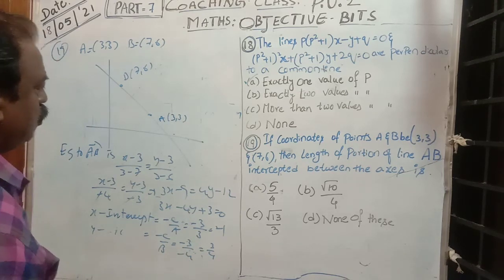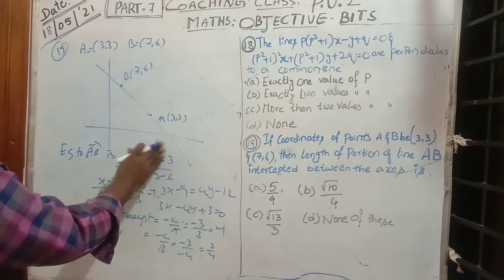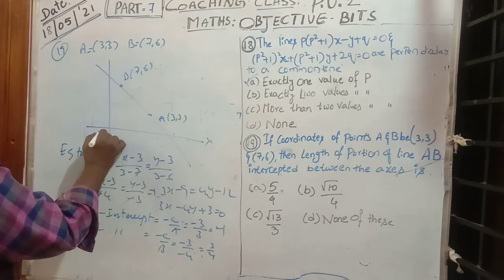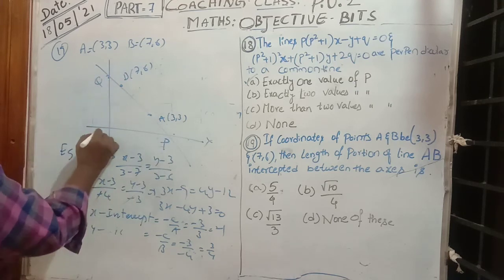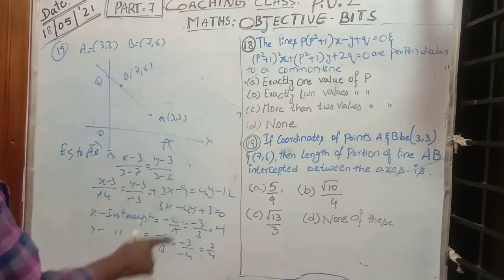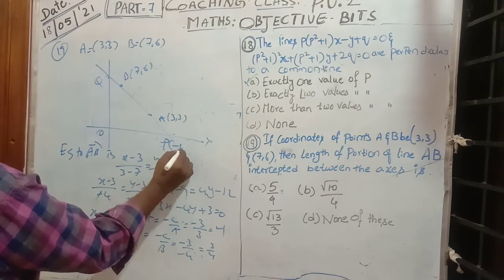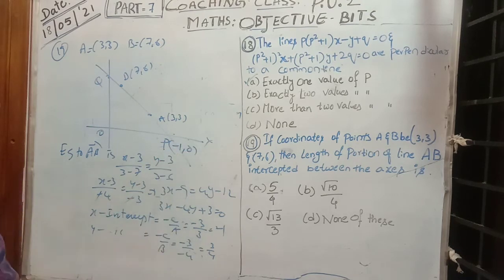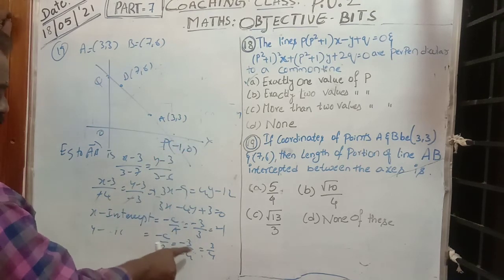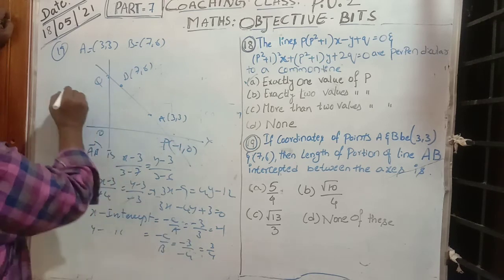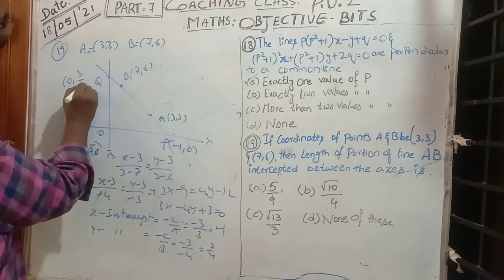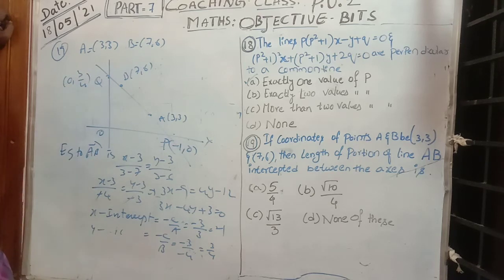Okay? So what is A? A means here on the x-axis. So it is P and it is Q. Where is it? This is the answer. The x-intercept is minus 1 comma 0. Will you agree? And the y-intercept, what is the y-intercept? It is 0 comma 3 by 4, the Q coordinates. Okay?